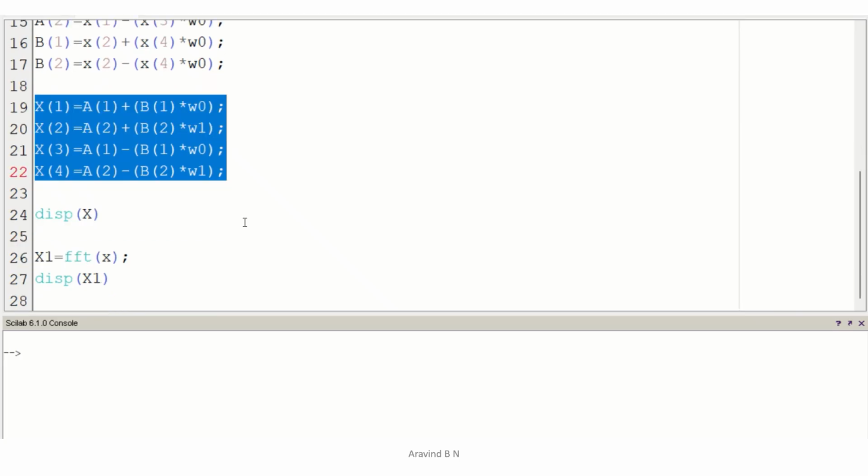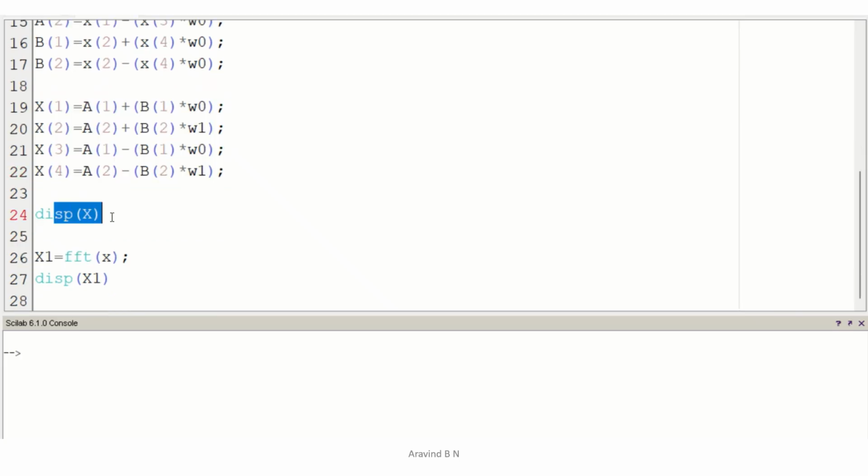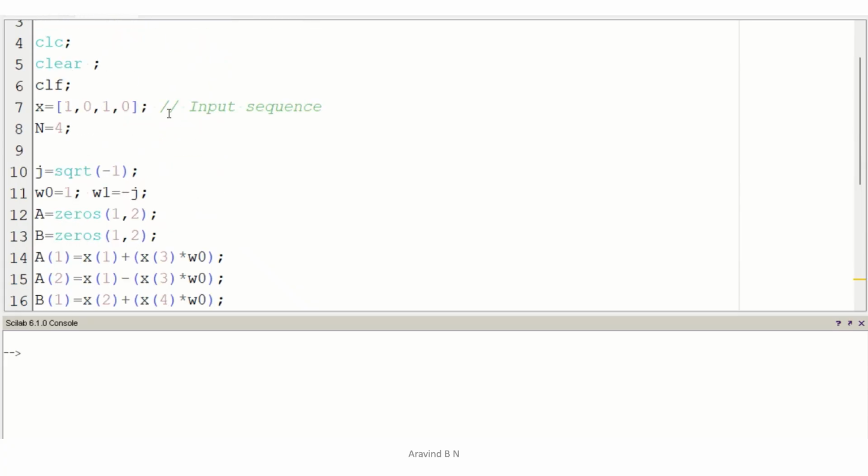After the second stage we are going to have a display of those values calculated, and again we need to make an observation that what has been calculated without using the FFT function is same as what we get from using the FFT function. Therefore, we are also making use of the FFT function and calculating and displaying both for comparison. Now let us have a simulation of this one.